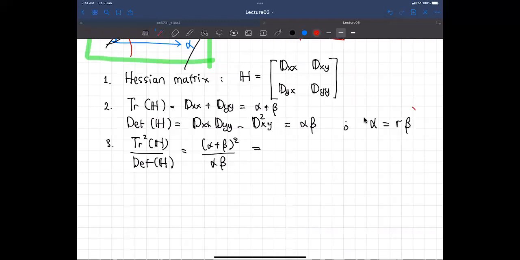Let's assume it this way. We do not know R, but there must be some value of R that makes this equation hold. Now, if you use R, then you can have R plus 1 squared divided by R. Correct?